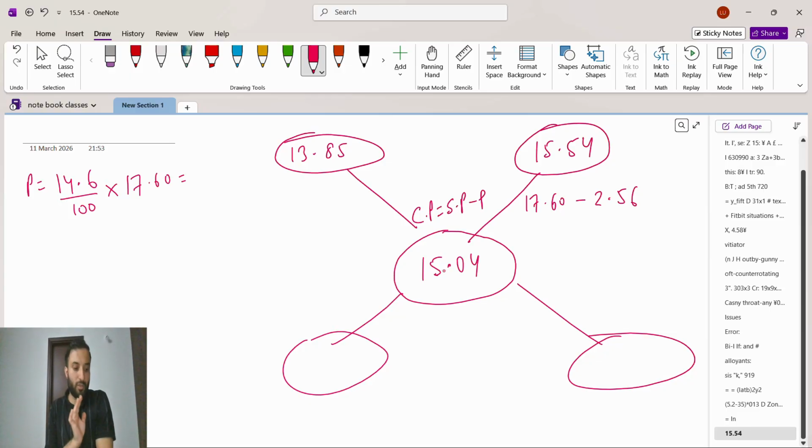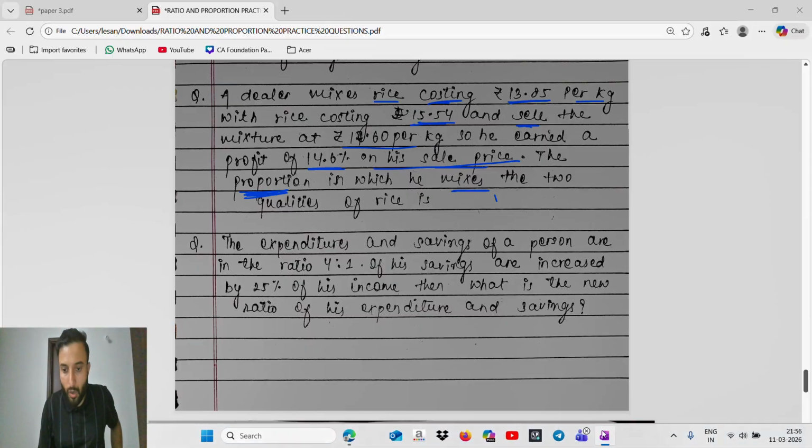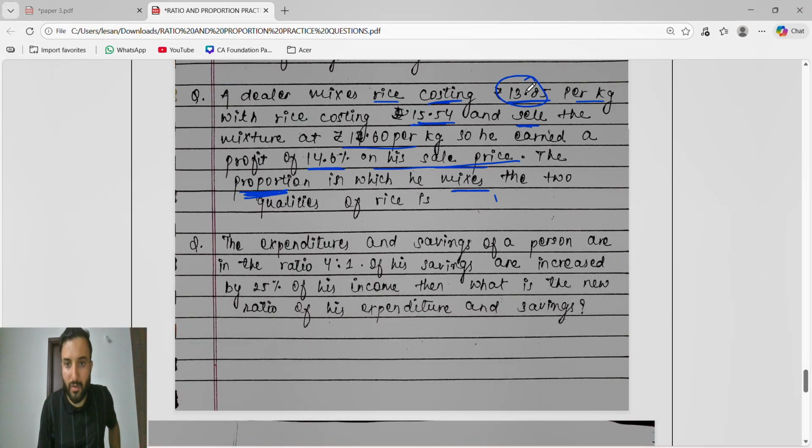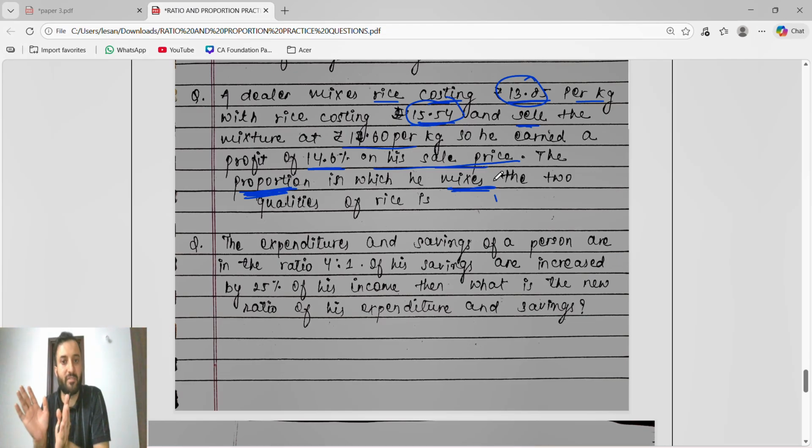Guys, once again I'm telling you, keep in your mind, this is a very important question. See, the cost of one kind they will give, then the cost of other kind will also be given, and then they will say in what proportion they mix. In what proportion they mix means this is a proportion question, allegation and mixture.